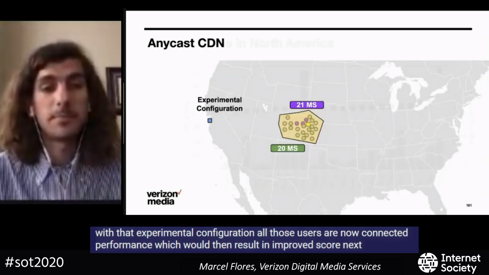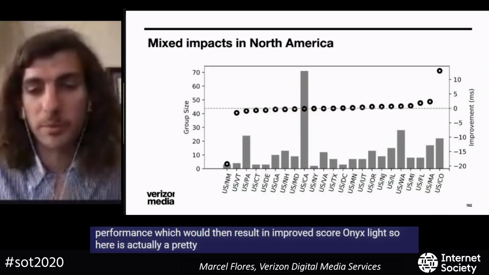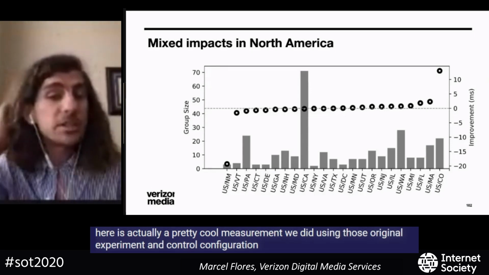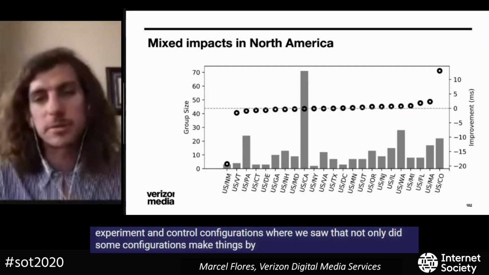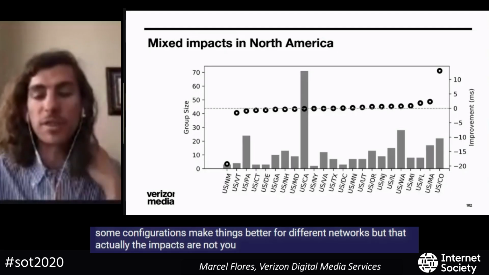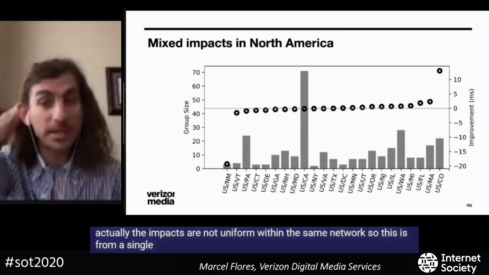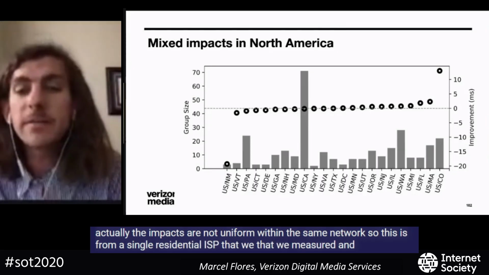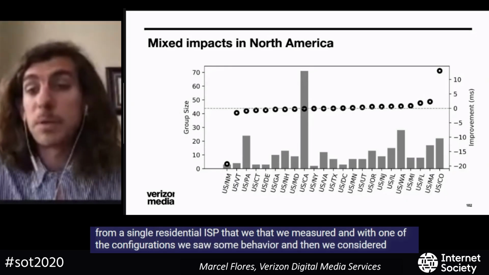Next slide, please. So here's actually a pretty cool measurement we did using those original experiment and control configurations, where we saw that not only did some configurations make things better for different networks, but that actually the impacts are not uniform within the same network. So this is from a single residential ISP that we measured. And with one of the configurations, we saw some behavior, and then we considered the experimental configuration.